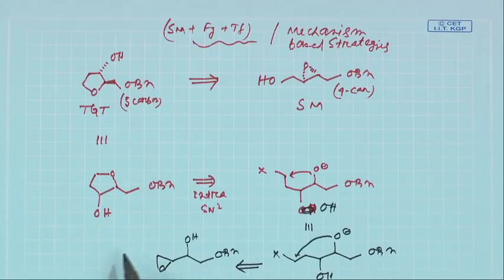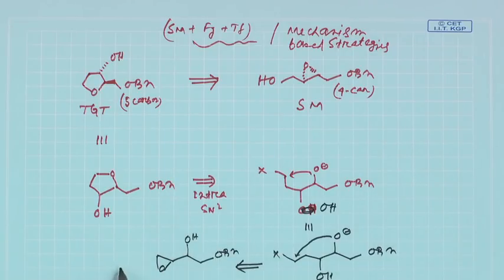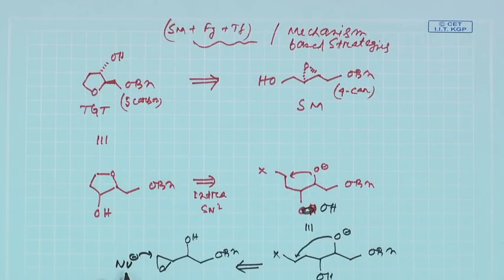Now, if somehow you can open up this epoxide by some nucleophile at this end, and the nucleophile must give you the extra carbon. So, we are opening up the epoxide here, and this carbon as well as this X will be coming from the nucleophile. Now, it will give you a CH2, and it will give you OH, and this OH is the source of the O minus.